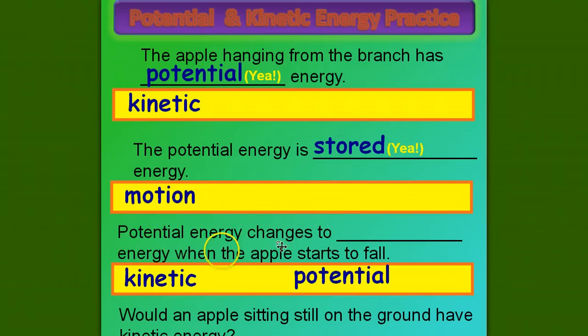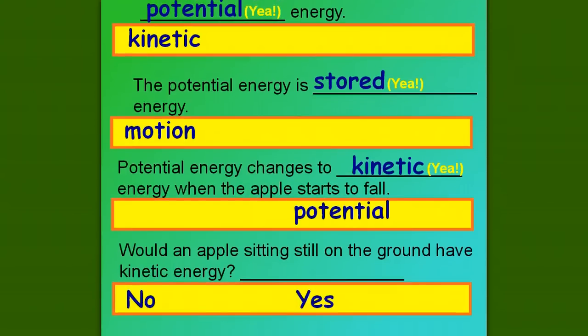Potential energy changes to what kind of energy when the apple starts to fall? Well, if the apple's not moving, it's potential. So what happens when the apple starts to fall? What happened when you ran in place? Good job. It's kinetic. Kinetic energy is energy of motion.